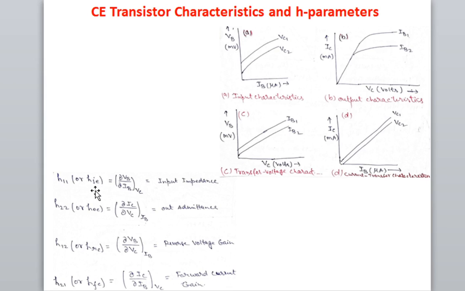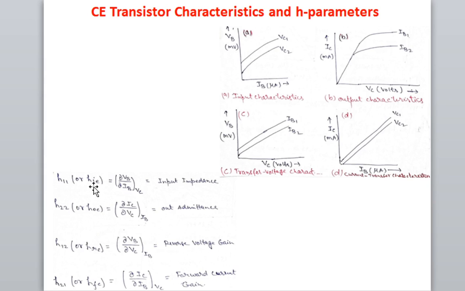HIE means input impedance when emitter is common. HOE means output admittance when emitter is common. HRE is reverse voltage gain when emitter is common. And HFE is forward current gain when emitter is common. This is how you have to read it: this is H11, H22, H12, H21. This is just the matrix formulation, and this is the actual name of the H parameters.